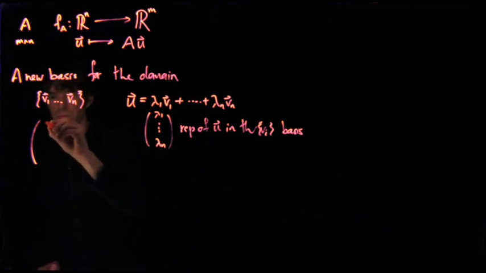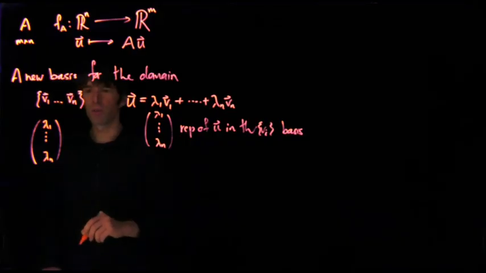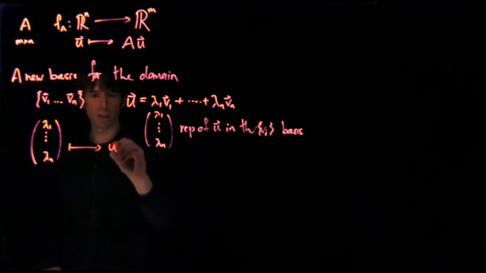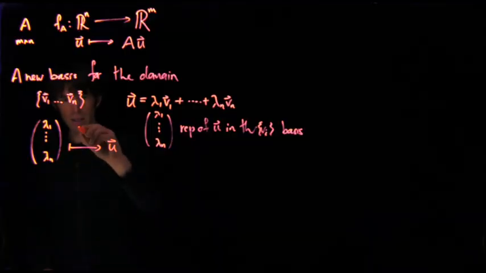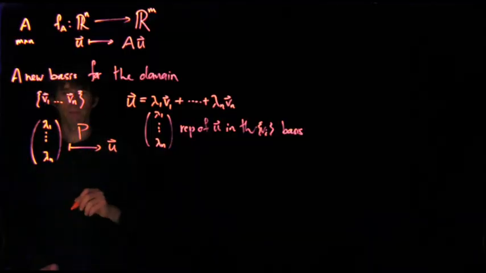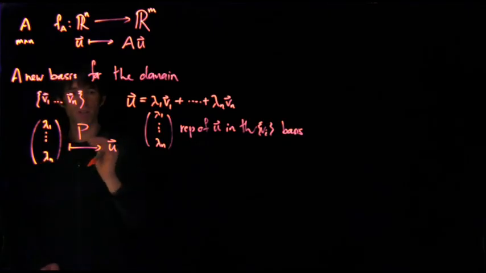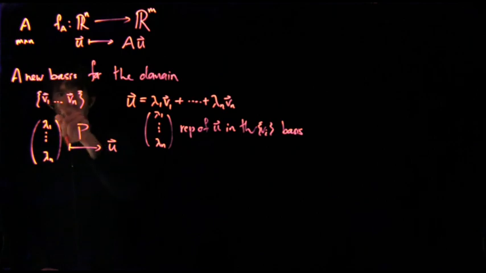So let's take this input here. And now the first thing I need to do is convert this into the standard basis. So I can send this to my vector u by multiplying by my matrix P. So P converts the v basis representation into the standard basis representation. Remember, P is the matrix that has these basis vectors as its columns.